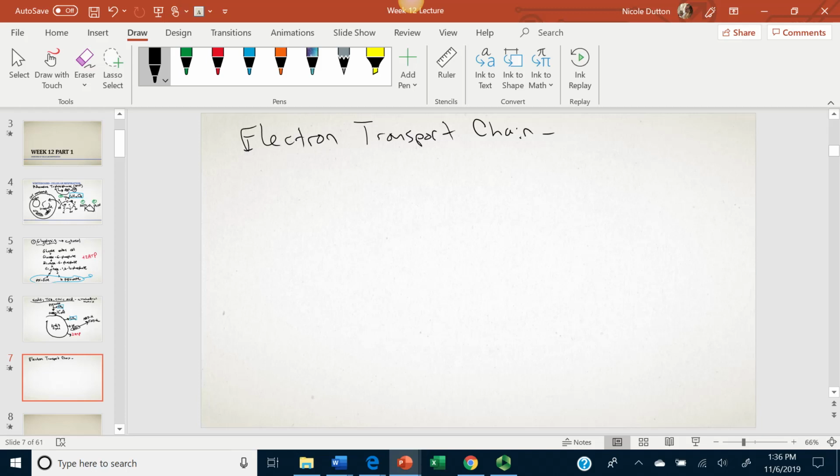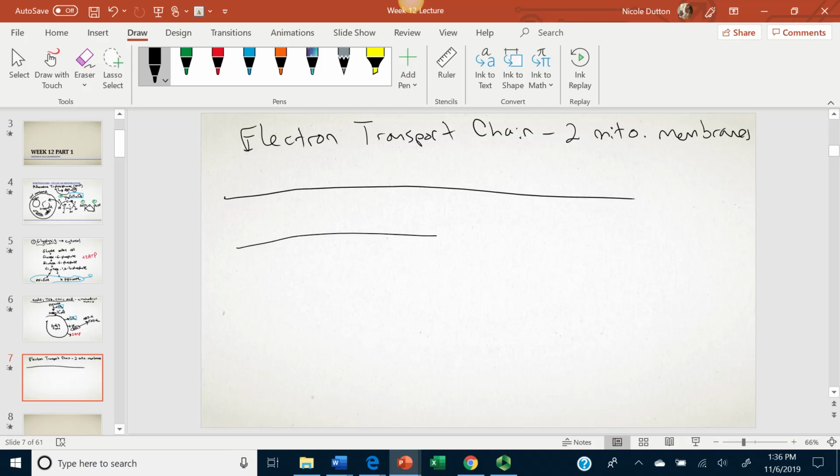And this is going to happen in between the 2 mitochondrial membranes. So you've got these 2 membranes, and then you have this huge complex called ATPase.